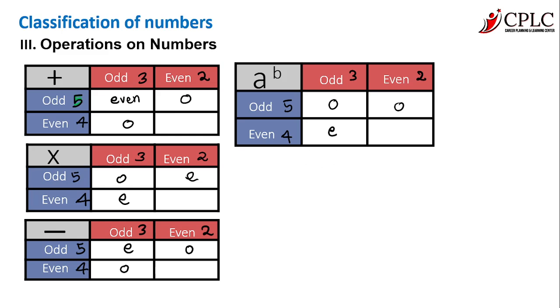And lastly, both numbers are even in the fourth scenario. 4 plus 2 is 6, which is even. Then 4 into 2 is 8, which is even. 4 minus 2 is again 2, which is even. And 4 square is 16, which is also even. These are the conclusions of this entire process.